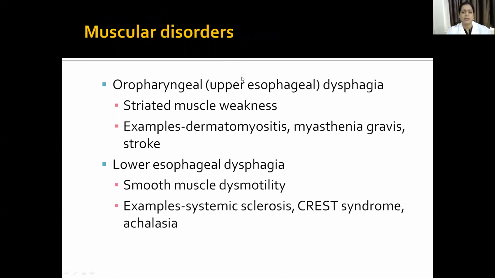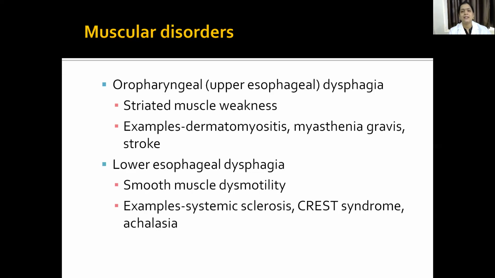Now, coming to the muscular disorders or the motor disorders. So we finished anatomy, histology, and the diverticula and anomalies that can occur, and now we are coming to the muscular disorders. Why muscular disorders of the esophagus are important is because whatever food we eat goes into the stomach because of the peristaltic movements, the propulsive coordination by the nerves and the muscles.